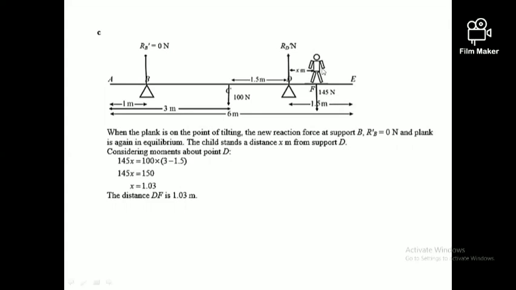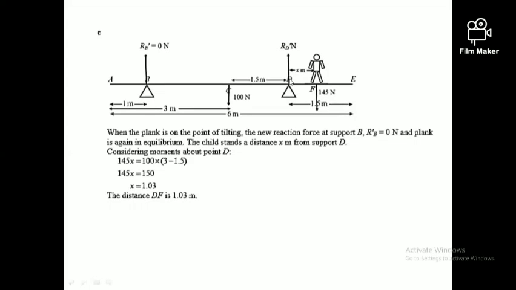Then, to get the answer, I'll consider the moment around D. If you consider the moment around D, the moment due to RD gets cancelled because RD into 0. Therefore, you obtain an answer with a single variable x.